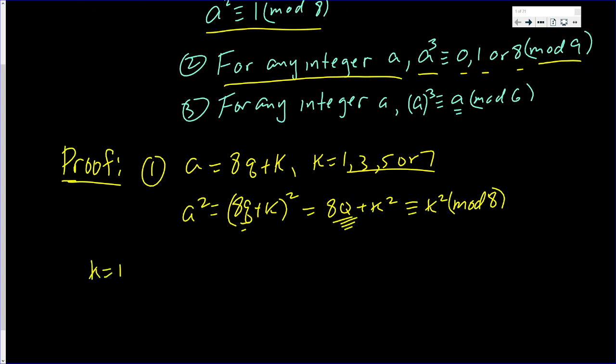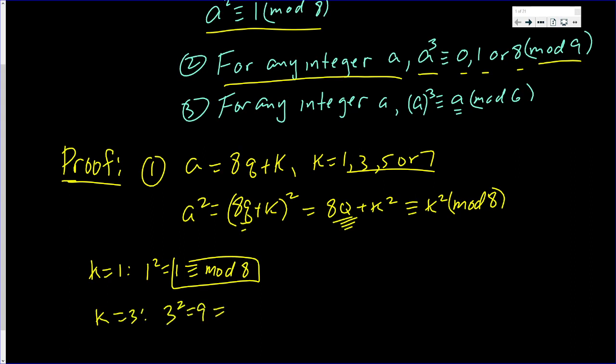Well, if k is 1, 1 squared is 1, which is 1 mod 8. We're on a roll because that's what it's supposed to equal. If k is 3, then 3 squared is 9. Oh, that leaves a remainder of 1 when you divide by 8.